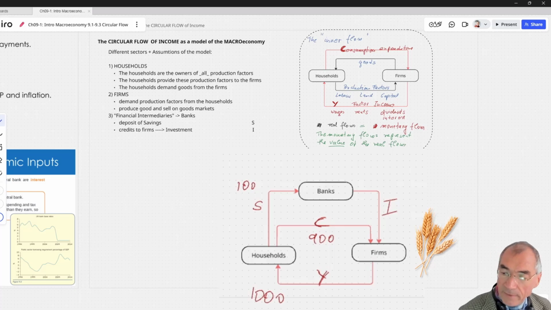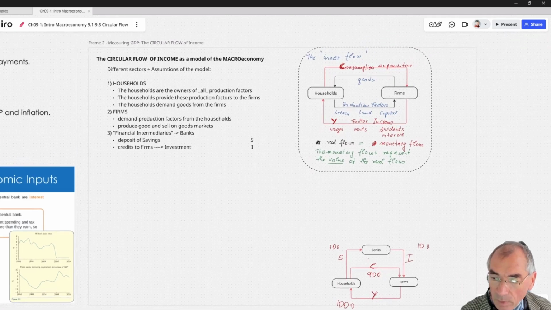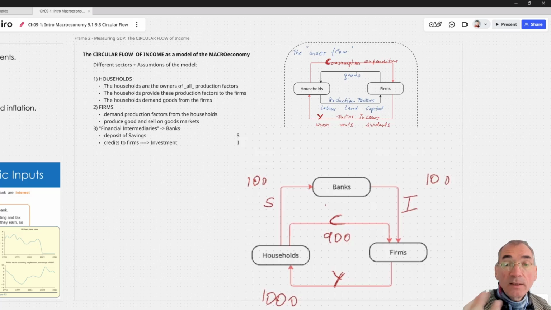Which means there will be 100 units of wheat still available for the farmers to put as seeds into the earth, and then they are able to harvest 1,000 again next year, or if there is something like technological progress, they would harvest even more. That makes it possible for an economy to exist, that there is production. We have to save in order to make future production possible.